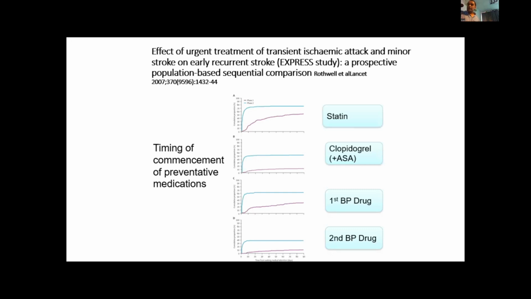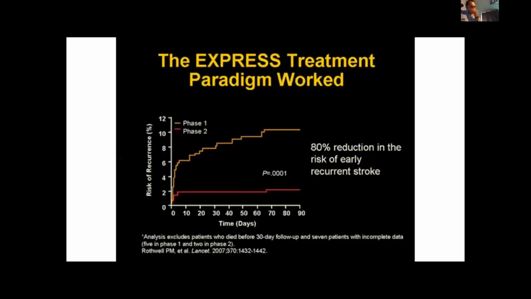So if someone comes in, you diagnose a TIA, you say go off to your primary care physician, or here's some aspirin, off you go, unless you prescribe those 3 drugs and those people take them, we can see their 90-day reduction in stroke after an early intervention.